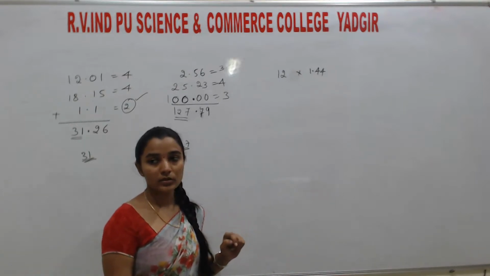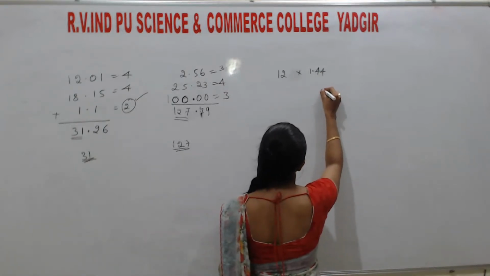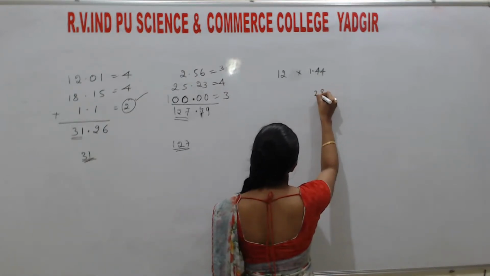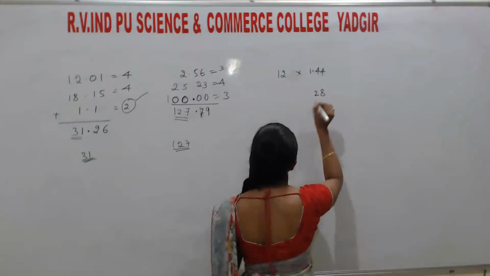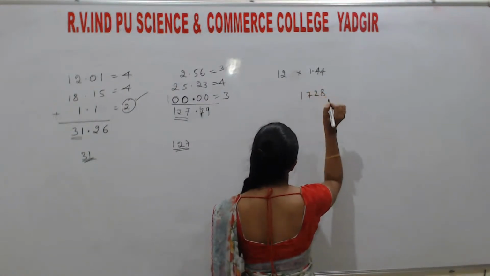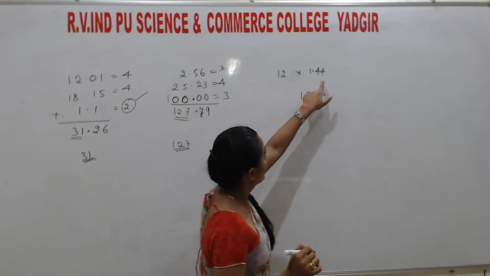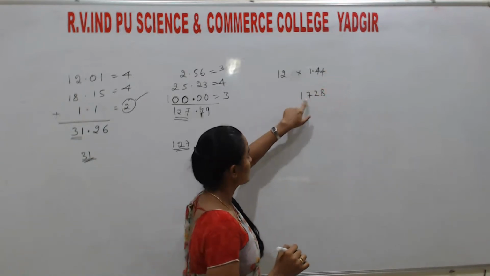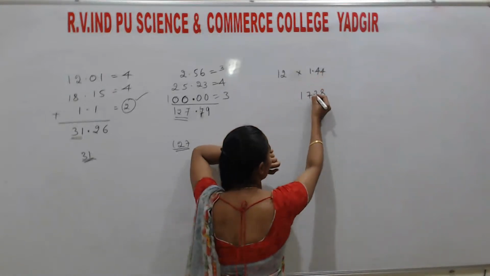If you multiply that, you will get the answer. This one is good. Right? So after 1728, right? So here, after 2 digits, the point is there.